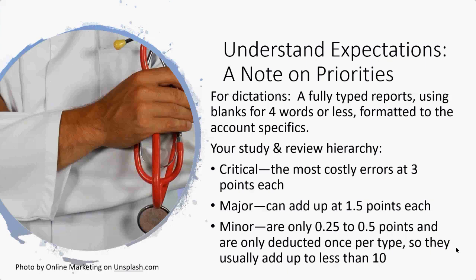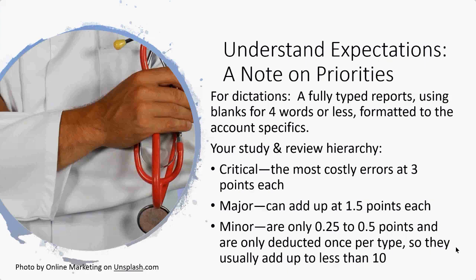We only deduct for each type of grammar or punctuation error once per type, and we use a list of 13 items for the punctuation. So that means even if you got every single punctuation error you possibly could, you're still looking at maybe 4 points off your report.